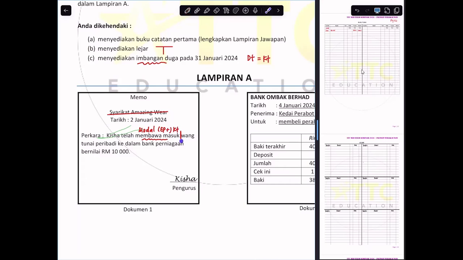Okay, he brings in wang tunai peribadi. From the term here, you saw tunai, right? So we suspect another account is tunai. And tunai's classification is AS. When the boss brings in tunai, the tunai in the company is getting more.